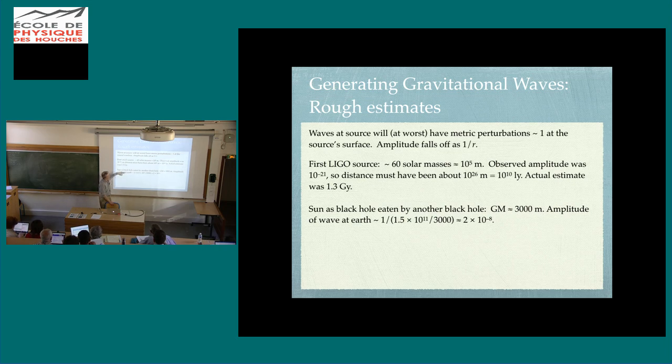And this also says, let's imagine a kind of a worst case scenario for our own location. Let's say our sun has become a black hole and it swallows another black hole. The total GM for that is about 3,000 meters. So the wave at the Earth would be, here we're 1.5 times 10 to the 11th meters, compared to 3,000 meters, is going to be smaller than 1 by this factor.